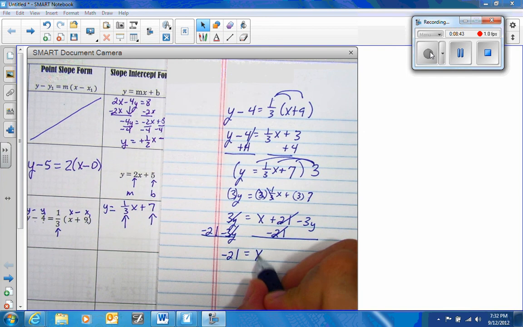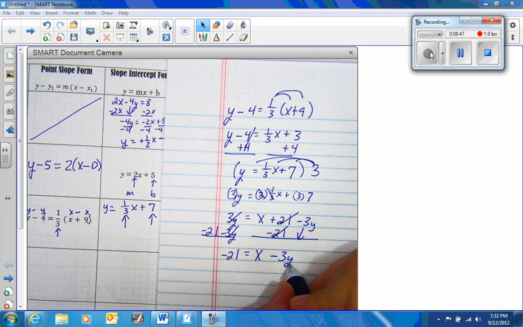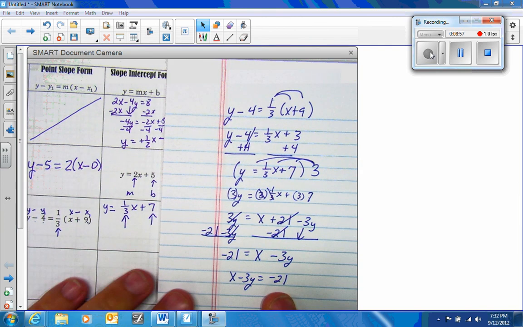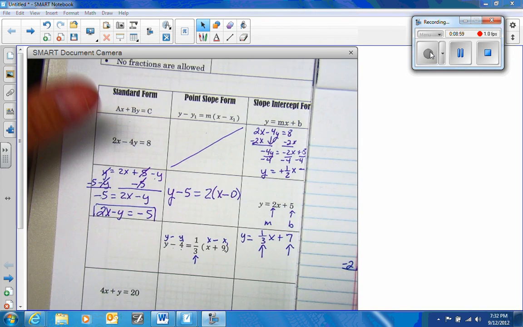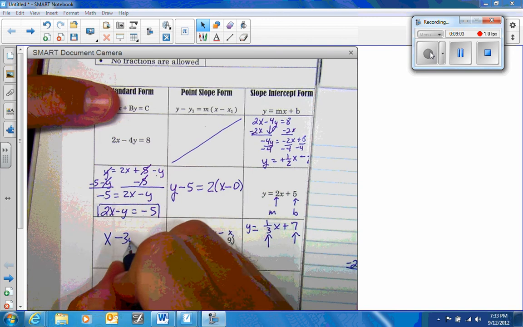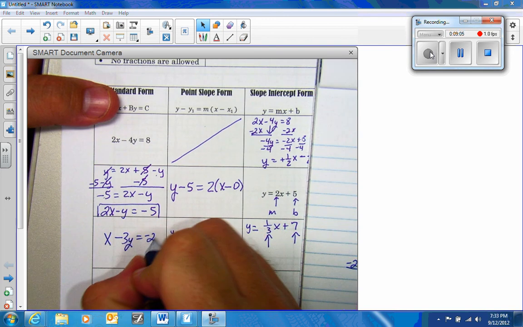I'm left with x, and I just bring down my minus 3y. Now you can flip it around. So x minus 3y equals negative 21. And that's what I'm going to put in for my standard form.